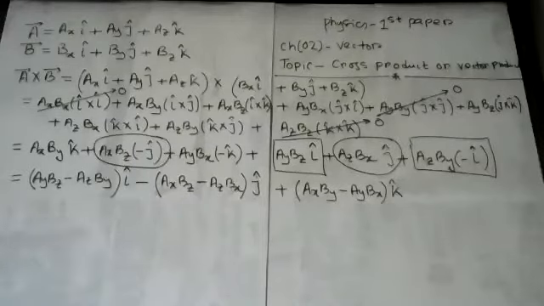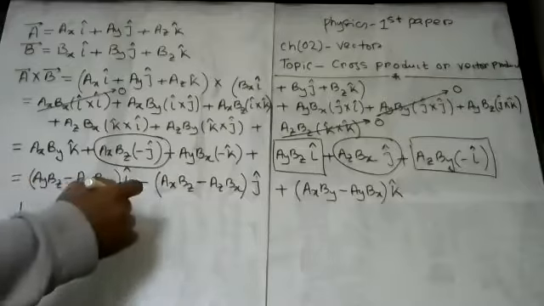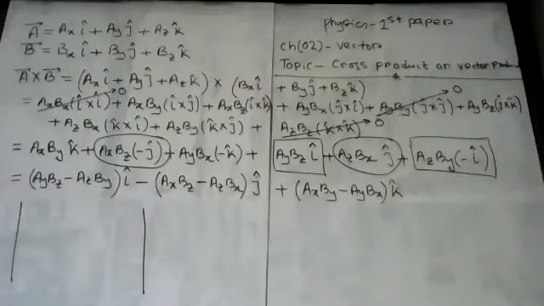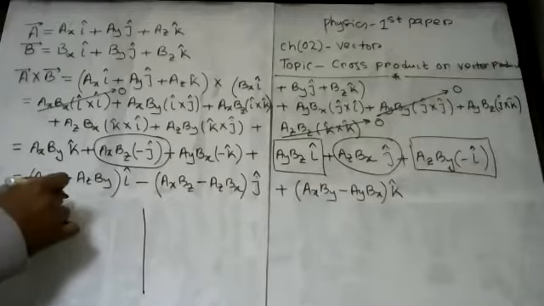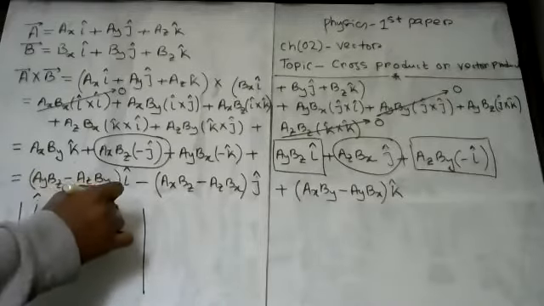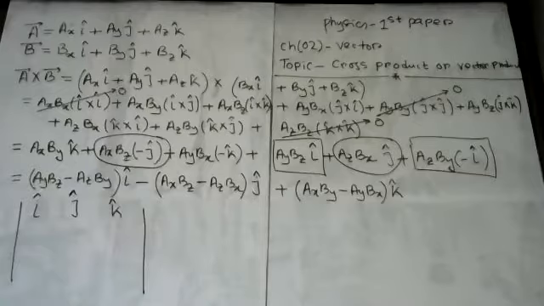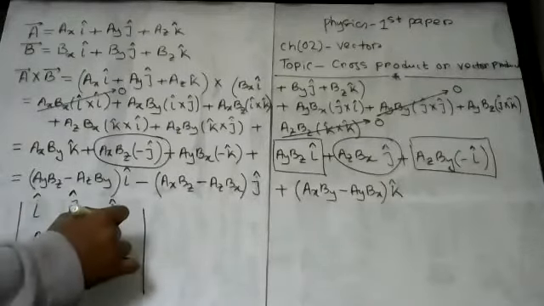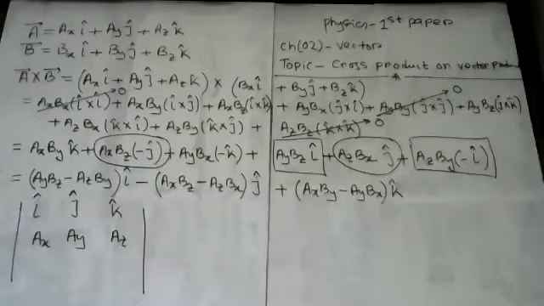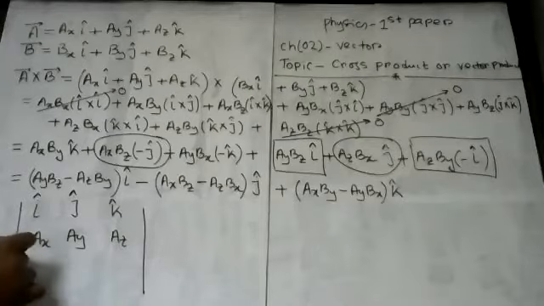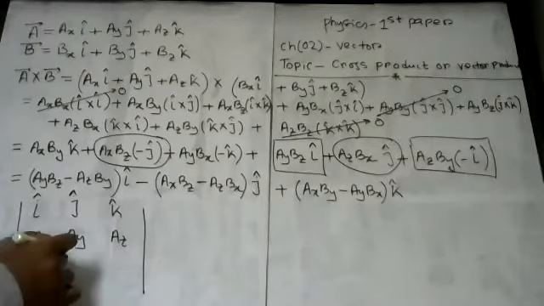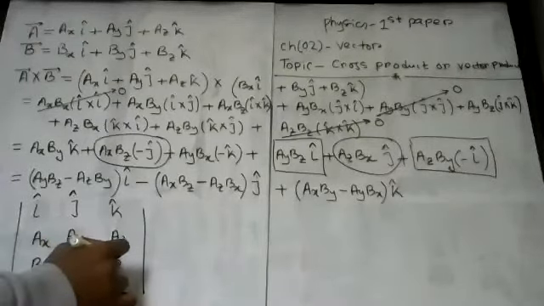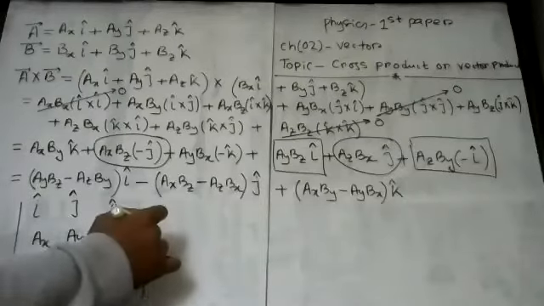There is another thing. Suppose, my student, you know about the solution of determinants. Suppose the first row is i hat, j hat and then k hat. Then put down the coefficients of vector A: a x, a y, a z, and then the coefficients of vector B: bx, by, and then bz.